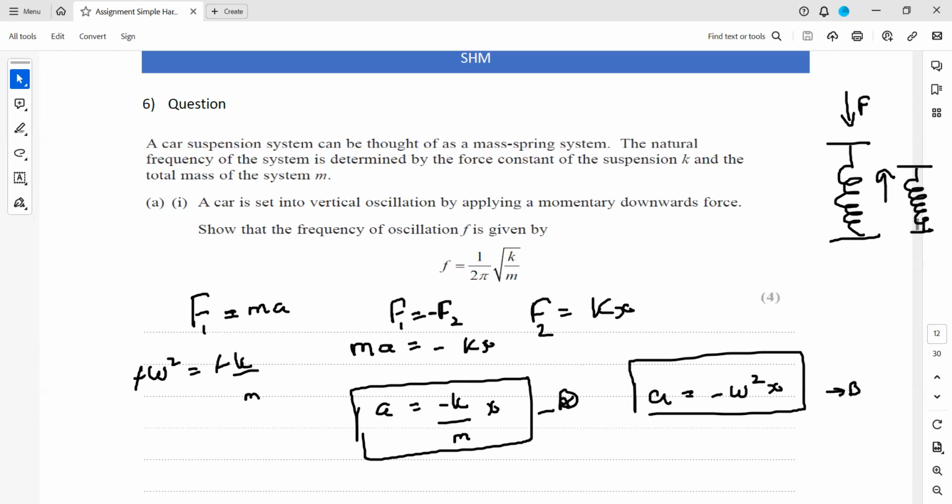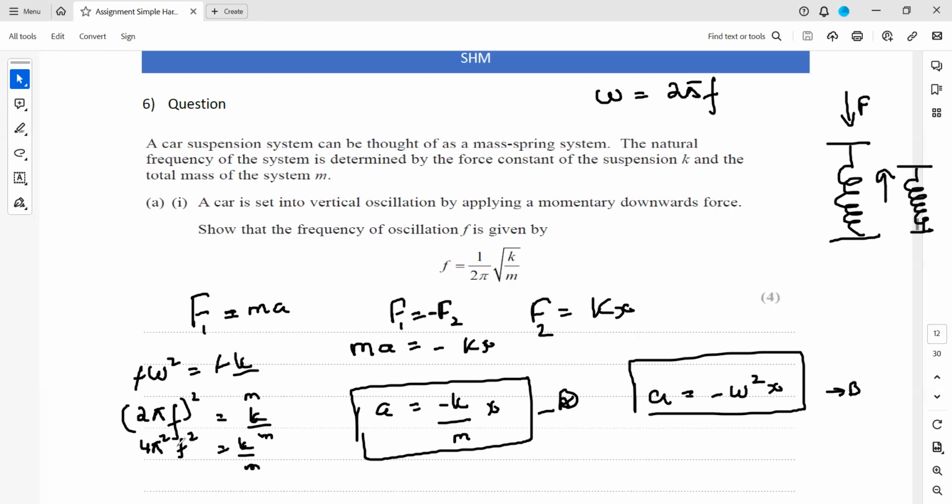And what is omega? Omega is the angular frequency. We have the formula omega equals 2 pi f. So in place of omega, I can write 2 pi f, squared, because it's omega square, is equal to k over m. When we simplify, this will be 4 pi square f square equals k over m.